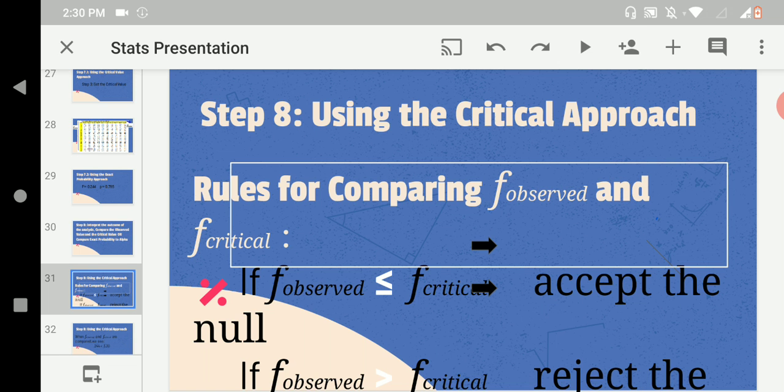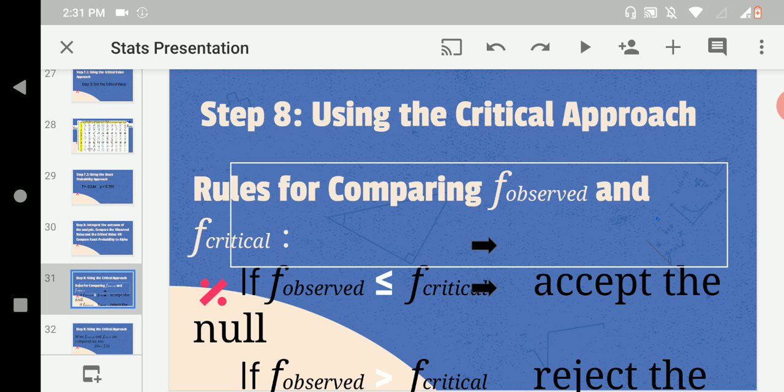If F observed is less than F critical, accept the null. If F observed is greater than F critical, reject the null.